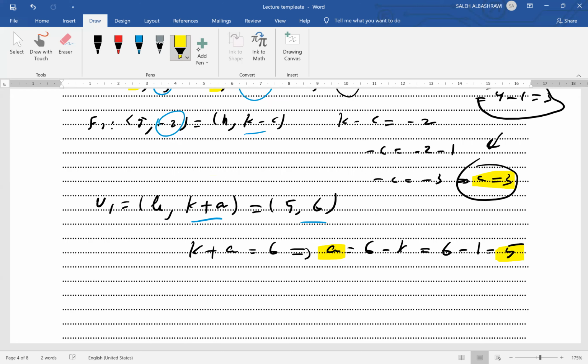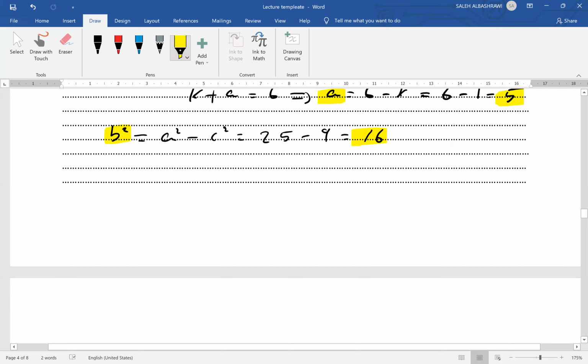I have c equal to 3. We can find b. We know that b square equals a square minus c square. So a square is 25 minus c square, which is 9, equal to 16. So we have b square equal to 16.